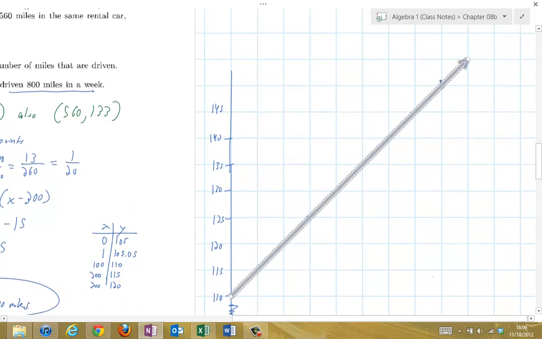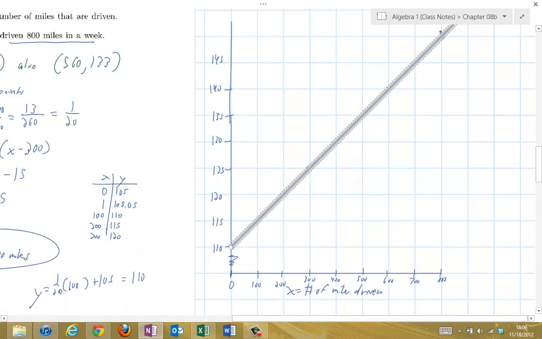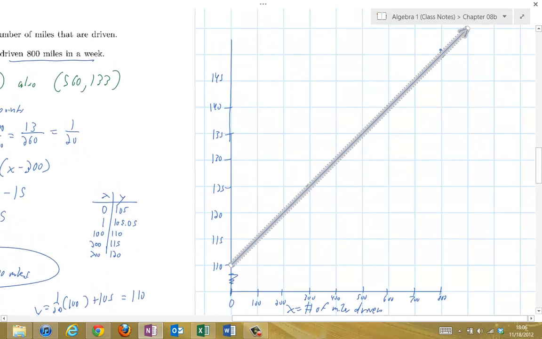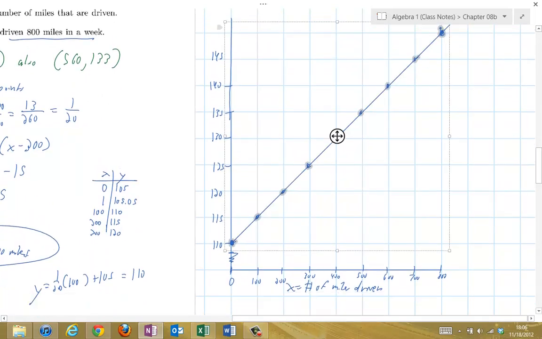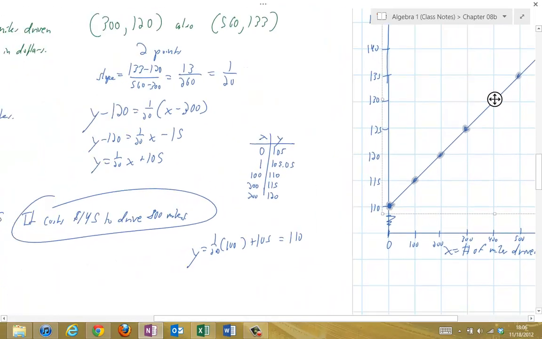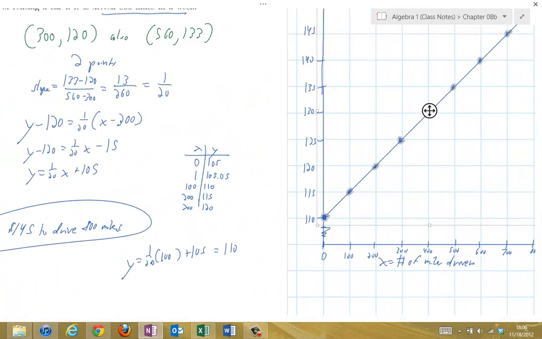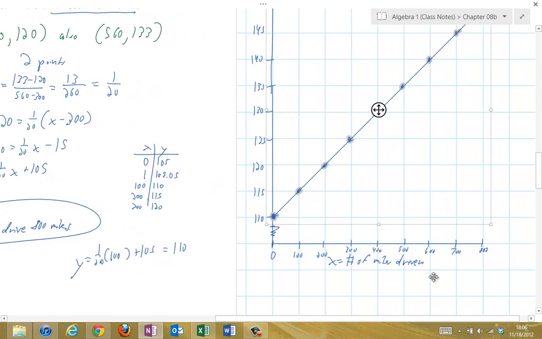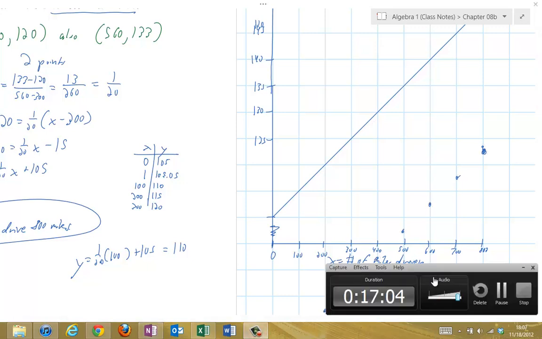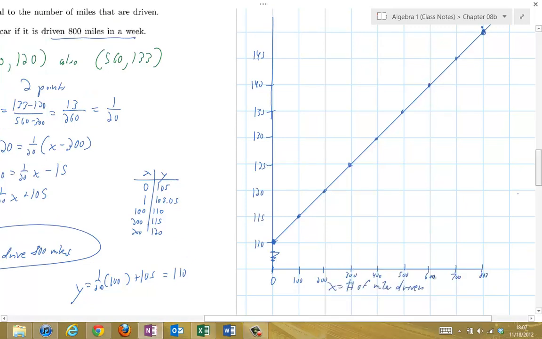That looks good. And let's just compare. Let's check to see that when you do 800 miles, the cost of the 800 miles was 145. Let's see, what did I do? Oh, this entire graph has to be shifted down. Oh, I see what I did.